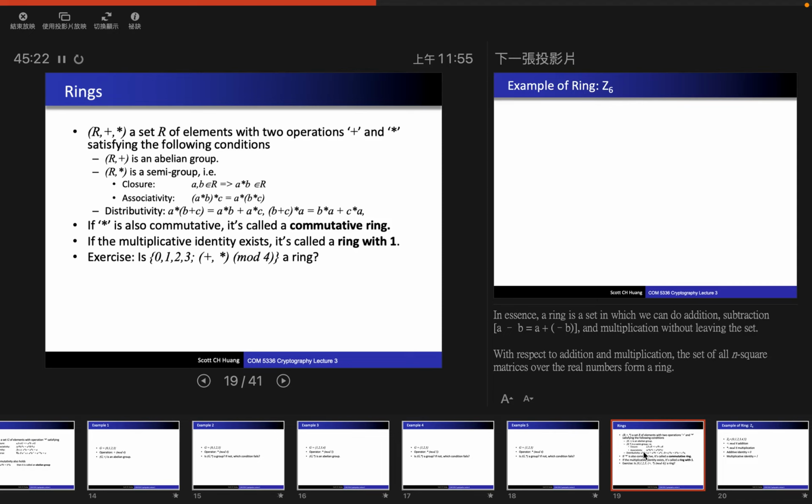So there are two operations. One operation must be better behaved, and we call that operation addition. The mathematicians like to use the symbol addition because when you use addition, we imply that commutativity holds, because it's similar to what we have learned. For the other operation, they prefer to use multiplication because multiplication may not have commutativity. For example, matrix multiplication. That is why they use multiplication.